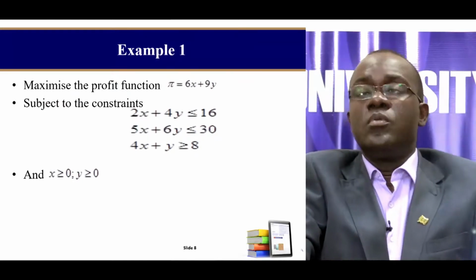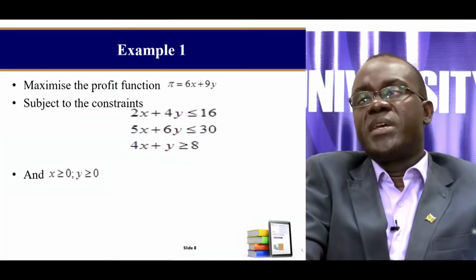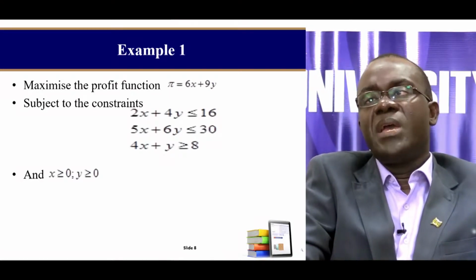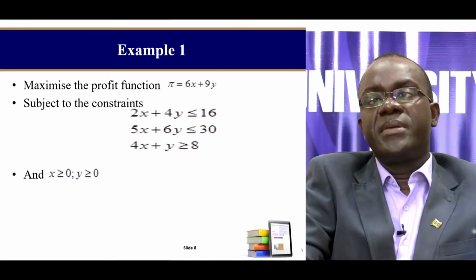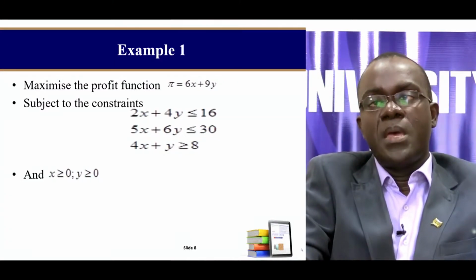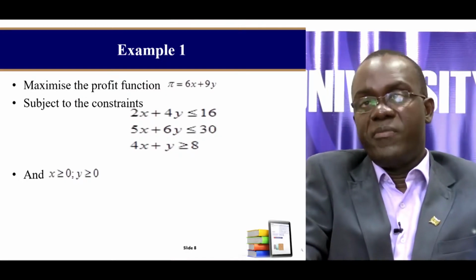A simple example: we have a profit function of this nature, and we have constraints of this nature. Some of them are greater than, some of them are less than, and as usual, our non-negativity constraints are also imposed on the function.